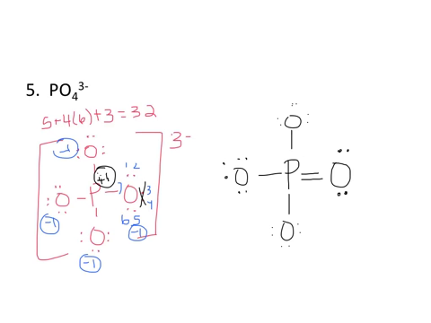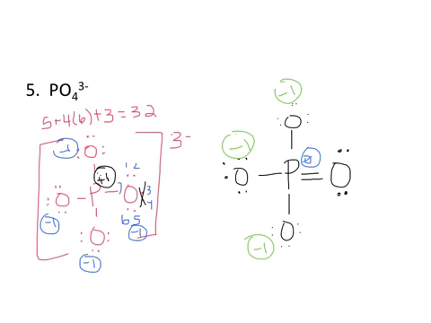I can re-look at the formal charges. Phosphorus, if you count, it has 1, 2, 3, 4, 5 bonds around it now, and it has 5 valence, so that means it's sitting at a formal charge of 0 now. Now, all the other oxygens, these 3 oxygens have not changed. They're still -1. Nothing has changed about how they're drawn.